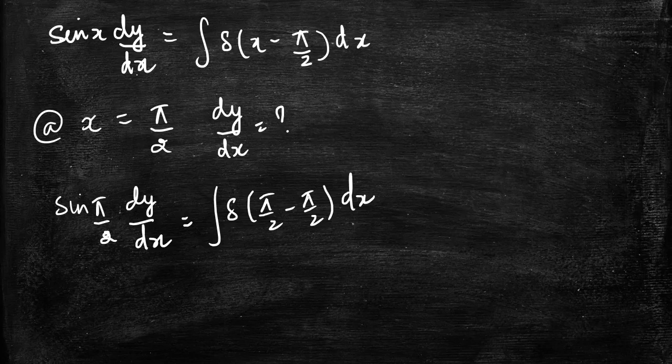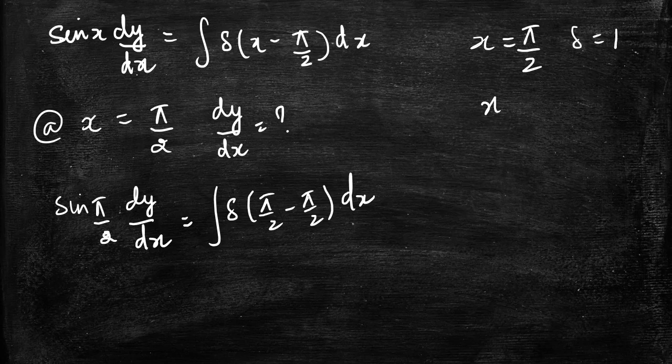So, for a delta function, if you do not know, please just look up the Dirac delta function and see the properties of the Dirac delta function. See, here when x is equal to pi by 2, the function will be 1. It will spike up to infinity.